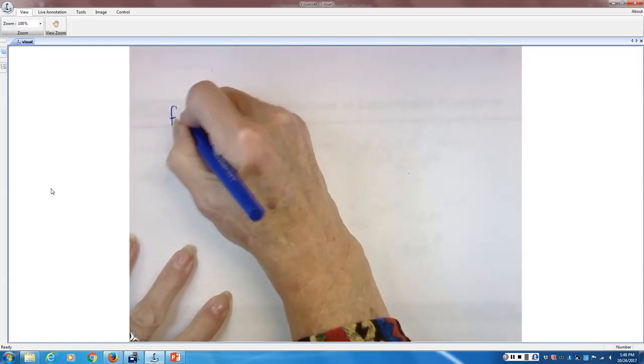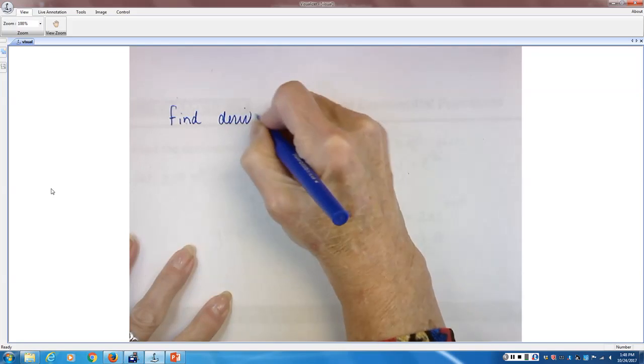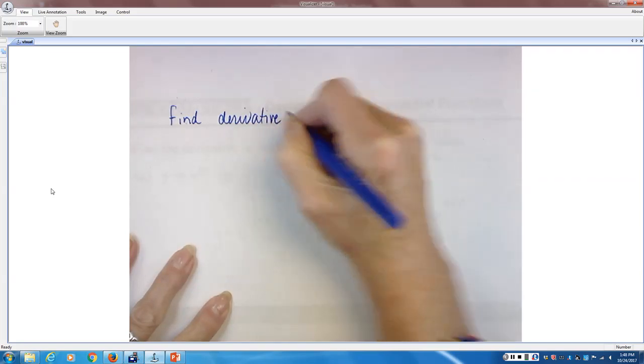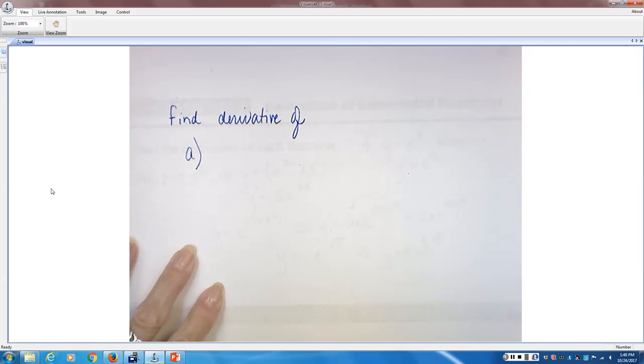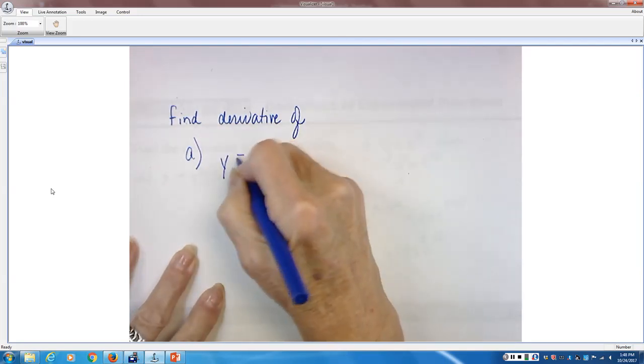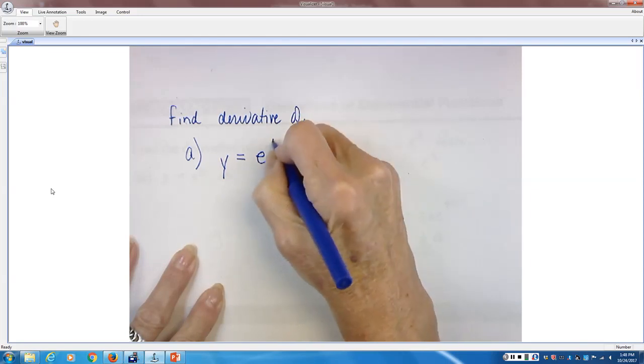So what we're supposed to be finding is the derivative, and our first example is y equals e raised to the power 5x.